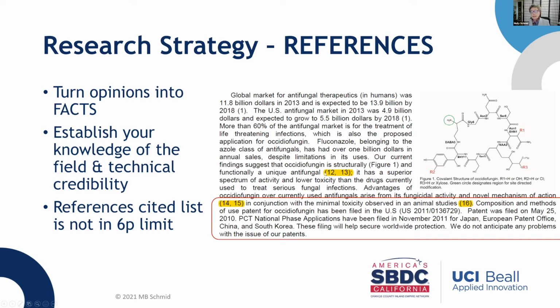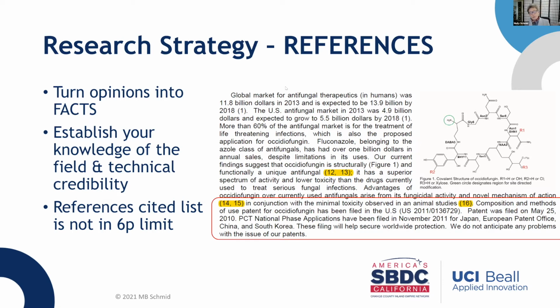That's what they're saying. Without the reference, it would be their statement. But by having these references, it says, we think that, but other people think that as well. It again establishes your knowledge of the field and your technical credibility. And as I said previously, it's not included in the 6-page limit to the research strategy section.